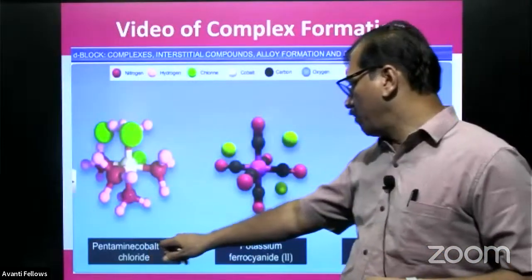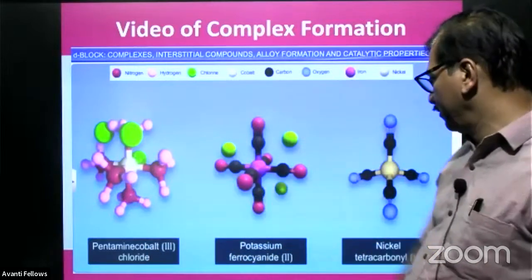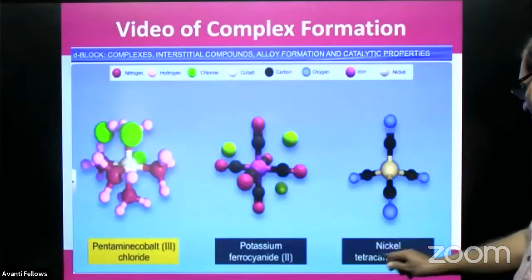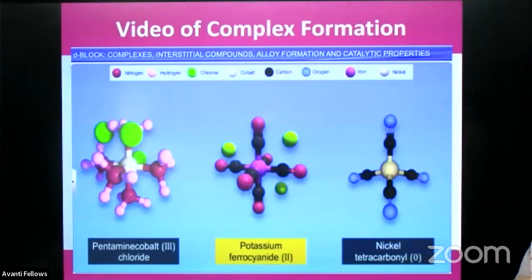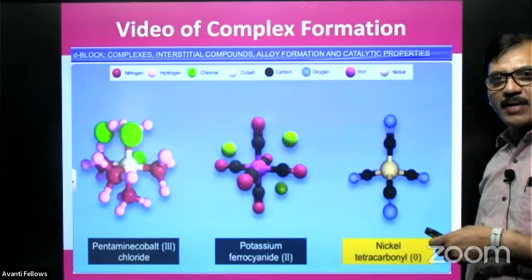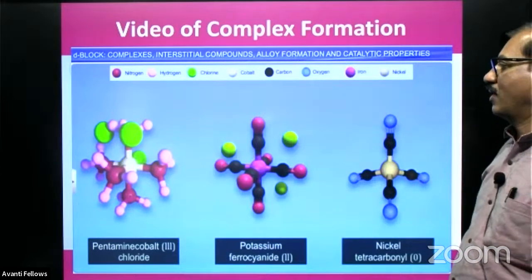So pentaamine cobalt(III) chloride, potassium ferrocyanide, what I have written earlier also, nickel tetracarbonyl, all these are complexes which are formed by transition elements.